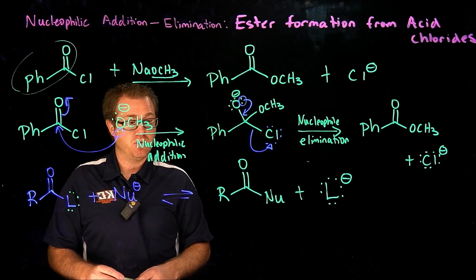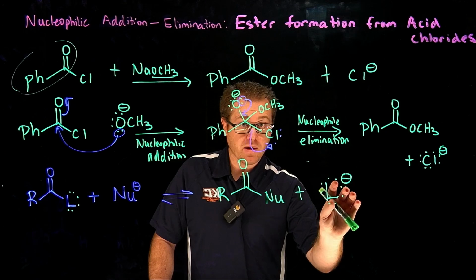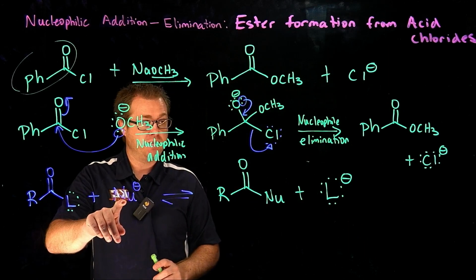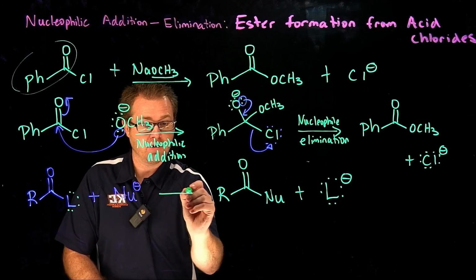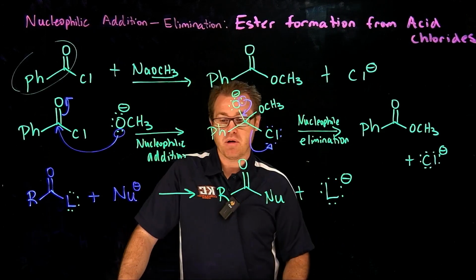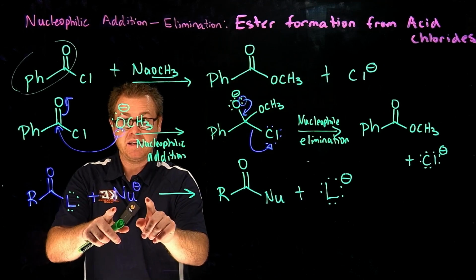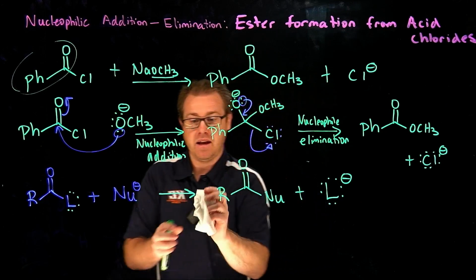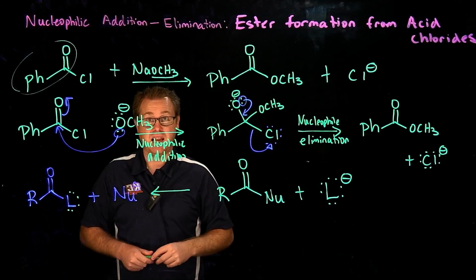If the leaving group is more stable by a significant amount than the attacking species, then it's no longer going to be an equilibrium process, but an irreversible process, and it's going to favor the products. But in contrast, if the attacking species is significantly more stable than the leaving group, then we're going to have something like this, and the reaction does not proceed.